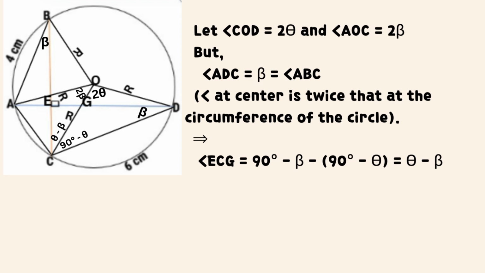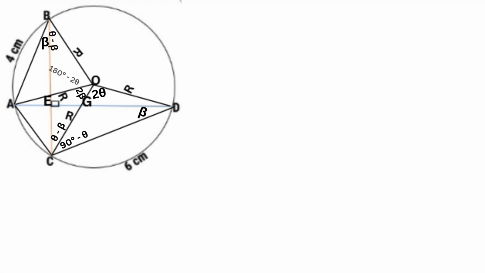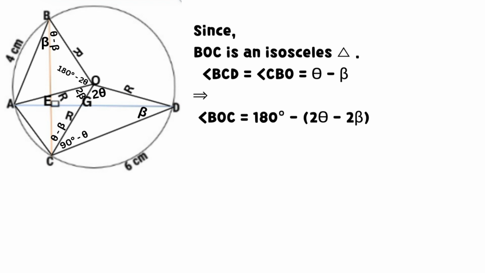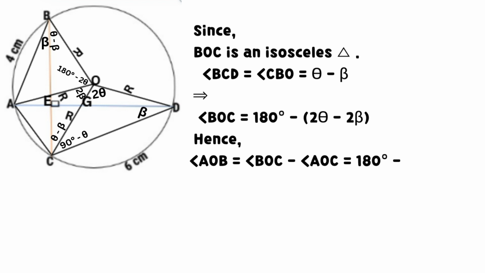It implies that angle ECG equals 90 degrees minus beta, minus in brackets 90 degrees minus theta, which equals theta minus beta. Since BOC is an isosceles triangle, angle BCD equals angle CBO, which equals theta minus beta.